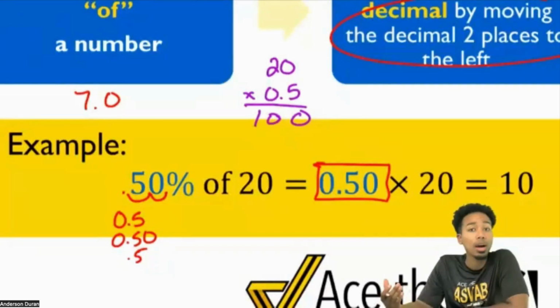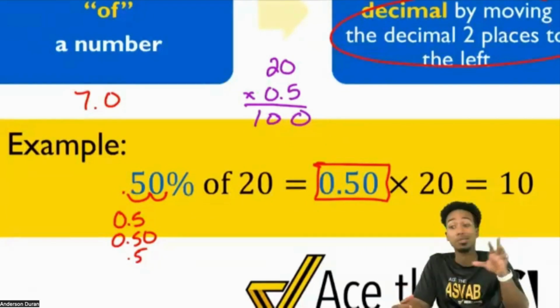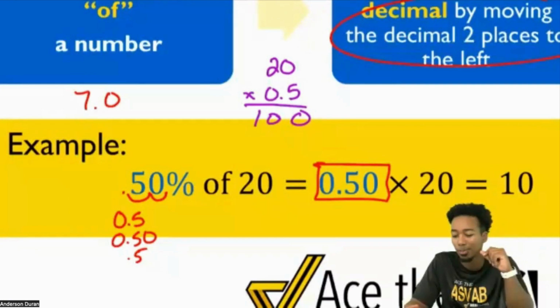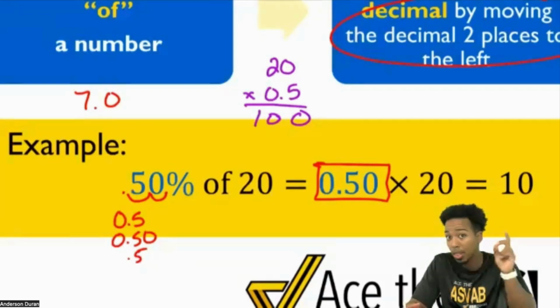Let me remind you about how to multiply with decimals. Everybody, what did I say? If you've watched my videos on multiplying with decimals, what did I say? Step 1, ignore the decimal and just multiply. But what do you have to do at the end with all those decimals? That's right. You got to bring the decimal places back. As many decimal places as you had, you bring them back.